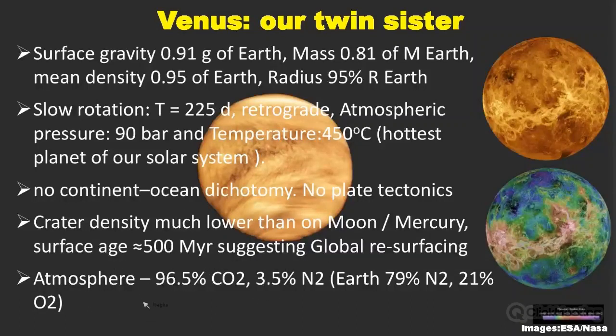The atmosphere of Venus is 96.5% carbon dioxide and 3.5% nitrogen. So it's a very hostile environment. You can see here in the topography that this is a body with many volcanic features; the surface features are dominated by volcanic features.